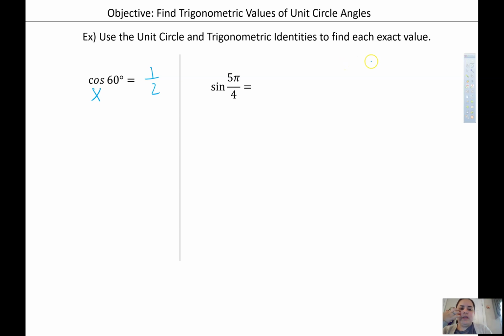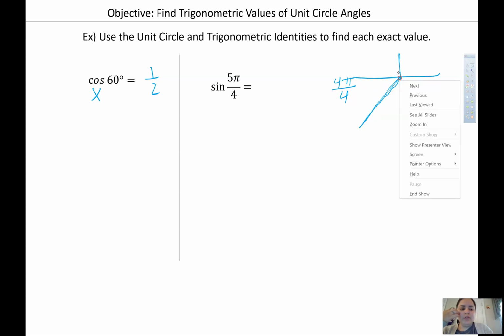If you think about the unit circle, pi is going to be 4 pi over 4. So 5 pi over 4 is 1 more. So that tells you that it's the middle one. So pi over 4 is your 45 degree.